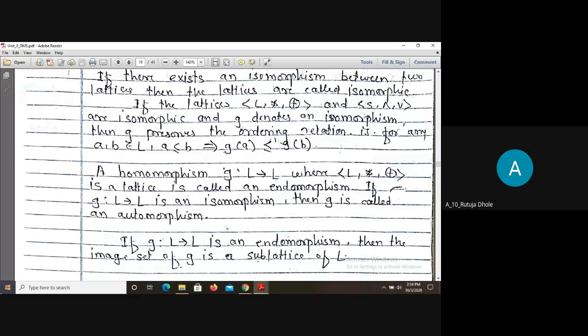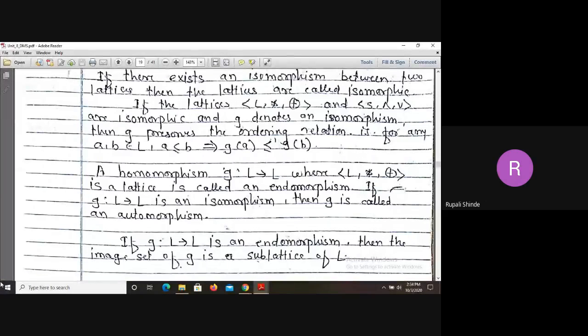Okay, we will revise it. What is isomorphism? If a function G is one-to-one and onto, then that is called an isomorphism. When is it an endomorphism?